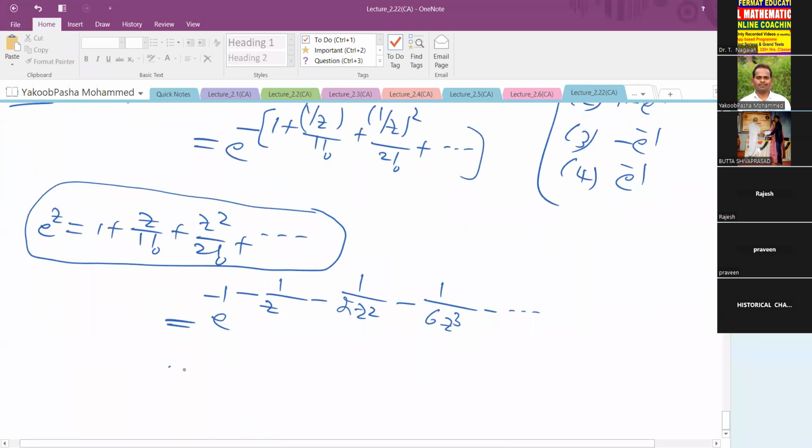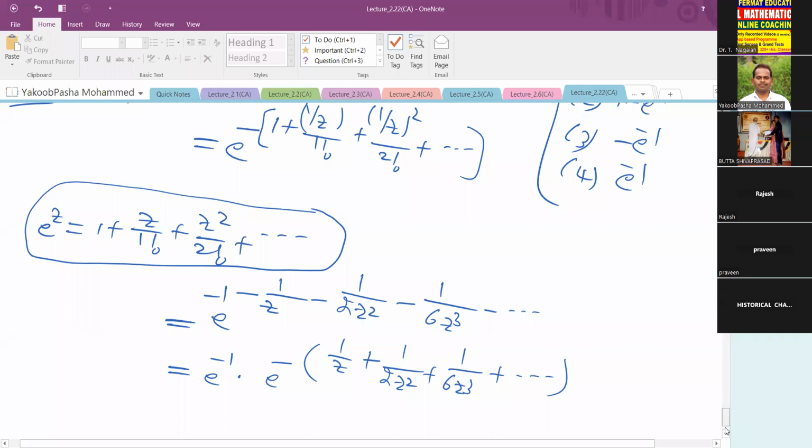So I am writing e to the power of minus 1 into e to the power of minus of 1 by z plus 1 by 2 z square plus 1 by 6 z cube plus and so on.